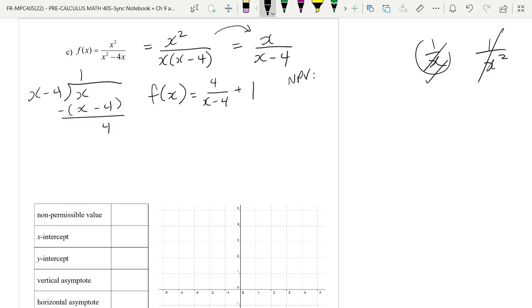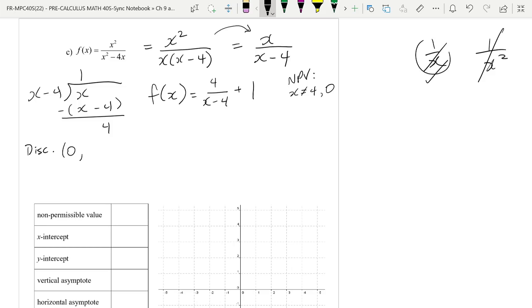The non-permissible values are obviously x cannot equal 4. And what's the other one? 0. So the 0 one got canceled away. So it's not an asymptote. It is a discontinuity. So I have a discontinuity when x is 0, and you can just go back to the original one. X is 0 is a discontinuity.